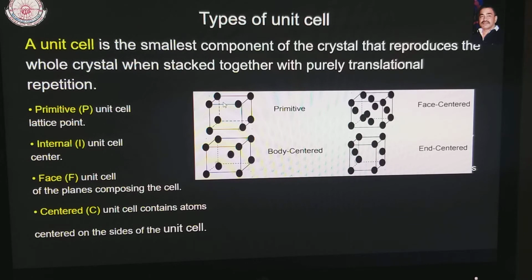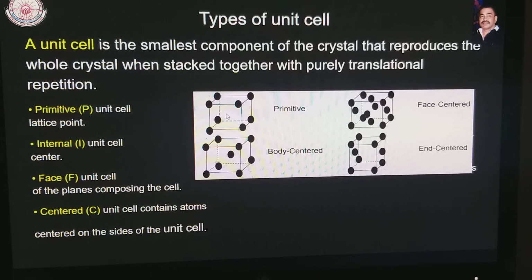That is, one lattice point is shared by 8 unit cells. That is why 1/8 part of each lattice point is included within this cell. That is why 1/8 into 8, because it consists of 8 lattice points at the 8 corners.